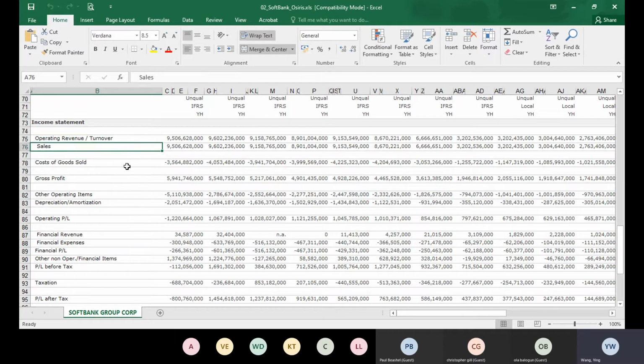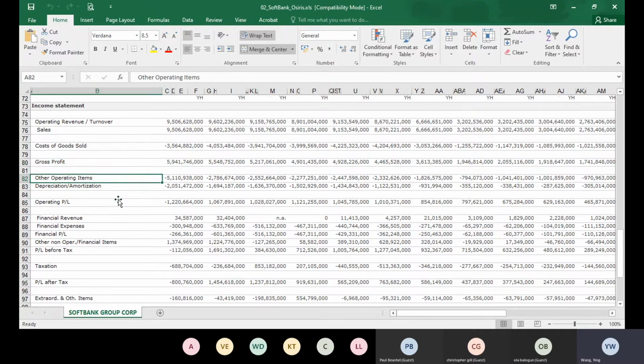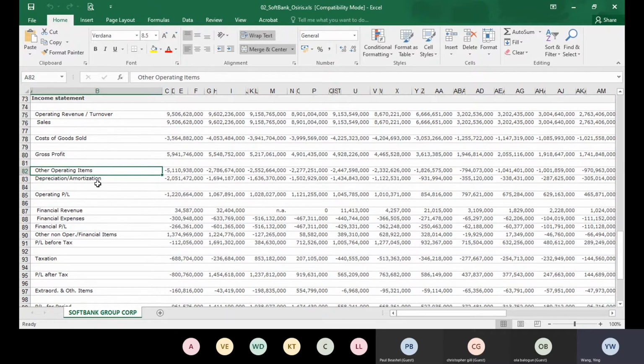And then cost of goods, that's the direct cost of goods sold linked to the purchase of raw material, etc. And that will give you gross profit. Other than that, you will consider other operating items. After that, depreciation, amortization, and then you will have your operating profit or loss.